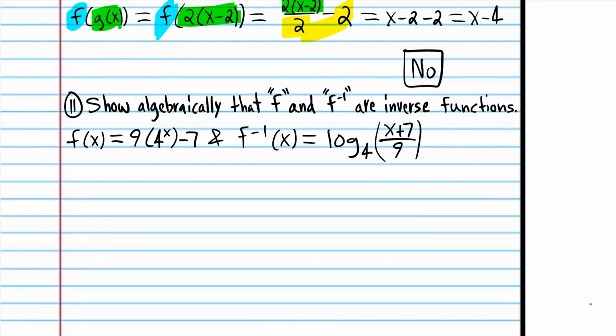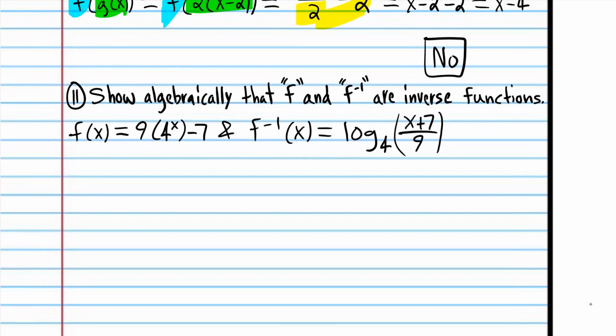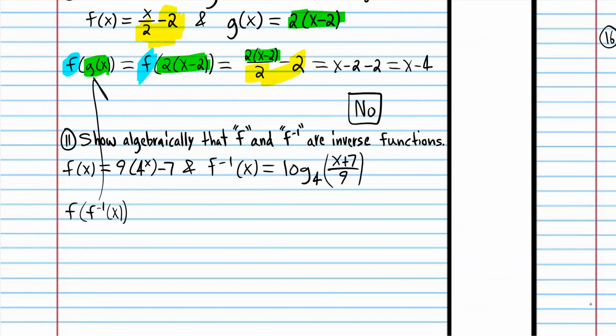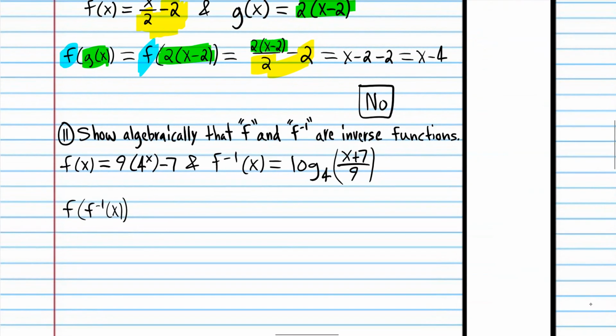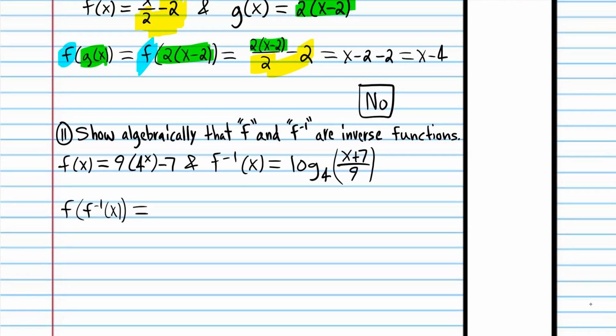So in this problem, they tell us that they're inverse functions. And if they were not inverse functions, we couldn't call them f and f inverse. It just assumes with the notation that they're inverse functions. So we're assuming that they are inverse functions, and we're asked to show how we know that. So we have to find f of f inverse of x, just like we did up here, except we're calling this f inverse instead of g.